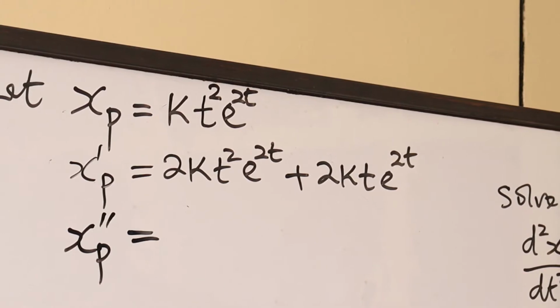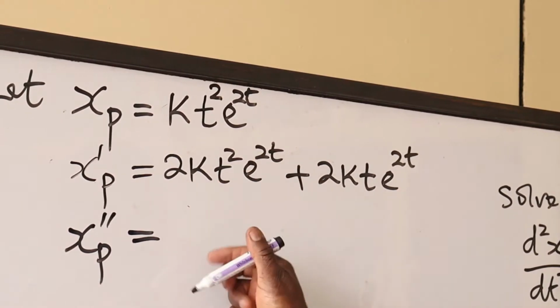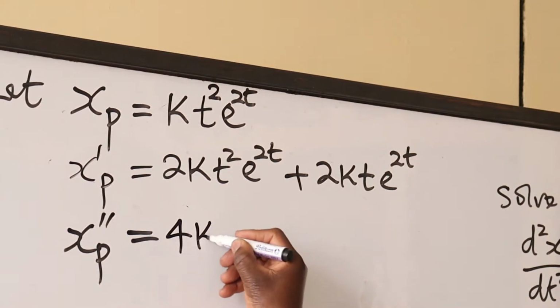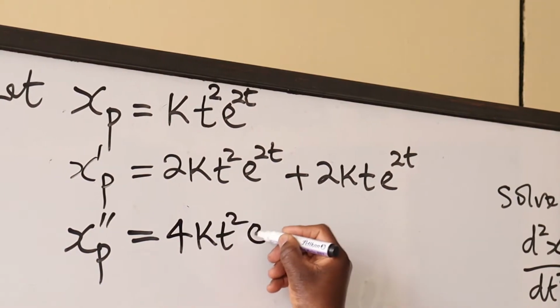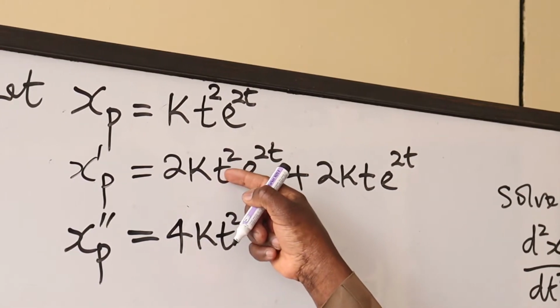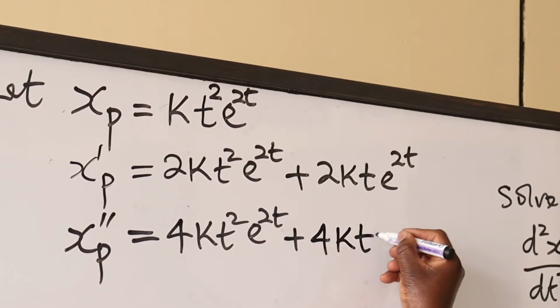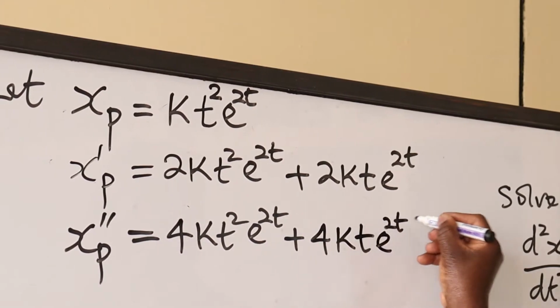We go for the second derivative. Differentiate this, 2 will come forward, so it will be 4k t squared e power 2t plus, we now differentiate t squared, 2 comes forward, it will be 4k t e power 2t.